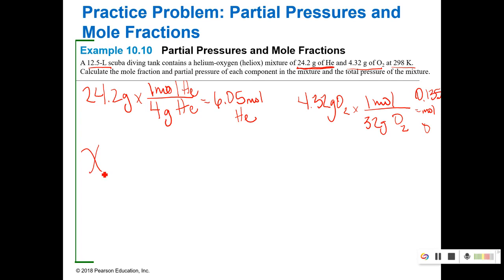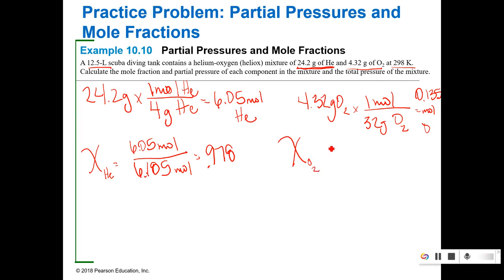So the mole fraction for helium is going to be 6.05 over 6.185, which is 0.978, and then the mole fraction for O2 is going to be 0.135 over 6.185, which is 0.0218.